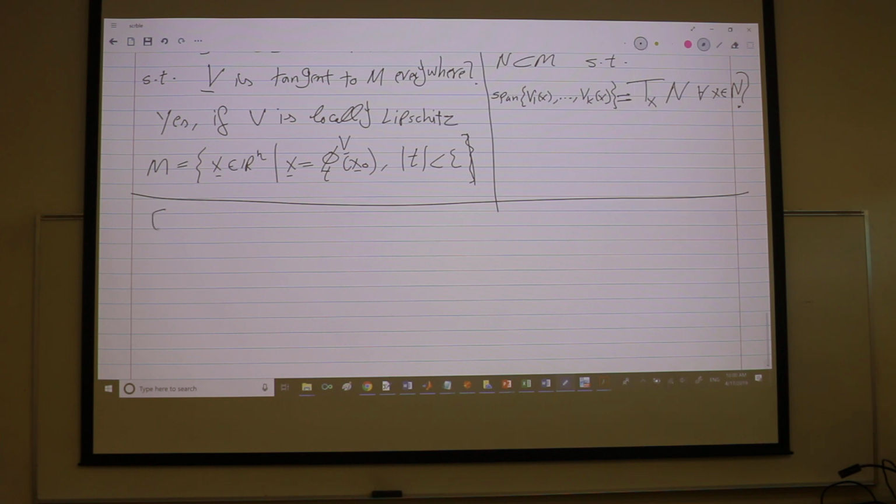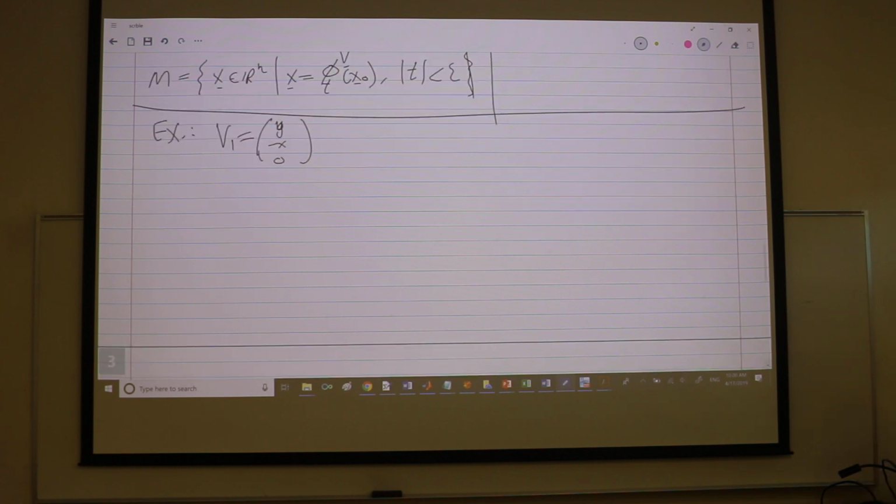So consider the following example. I have V1, our usual vector field, (y, negative x, 0). This is on R3. I don't see any surface yet. And the vector is defined everywhere. So here it is like this.